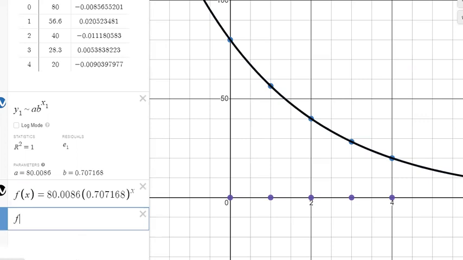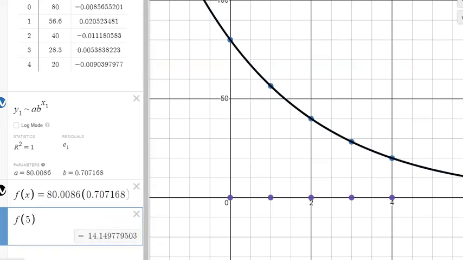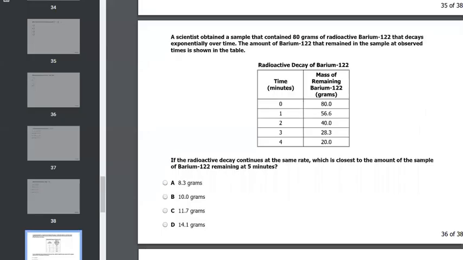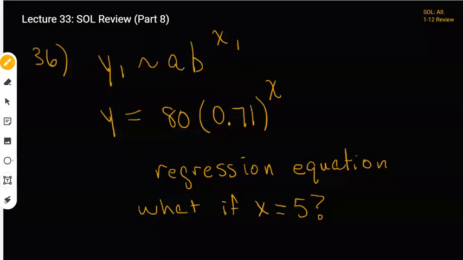And then I can let x be 5 down here. So if you let x be 5, your y value is going to be 14.15, just about. And that's going to be D. So that's what I would write for that one.